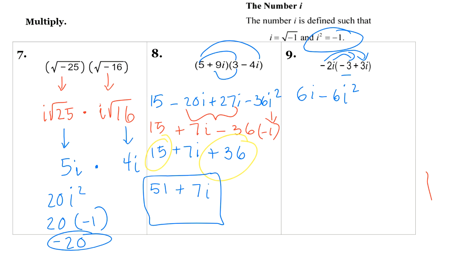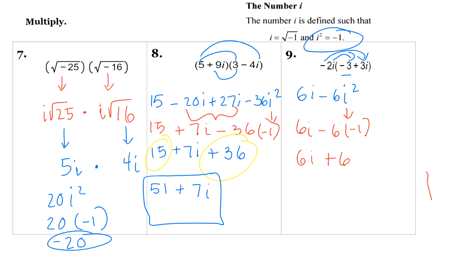Now I need to replace i squared with -1. -6 times -1 gives me a +6. Excuse me.